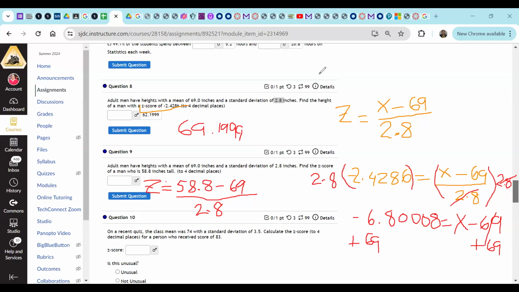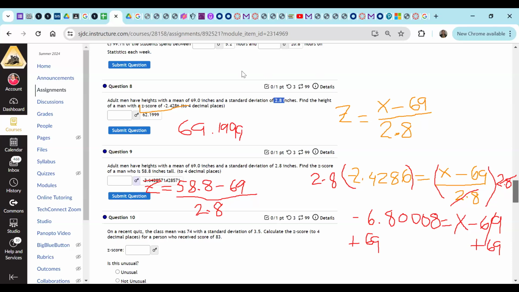When you calculate number 9, let me know your answers in the chat. 3.642857 seems correct. Yep, that's correct.